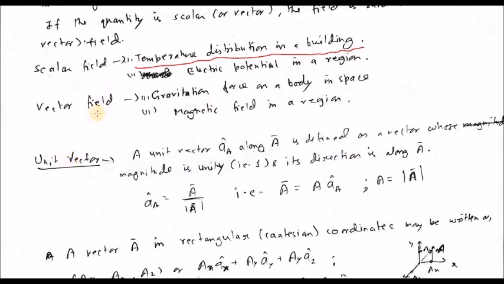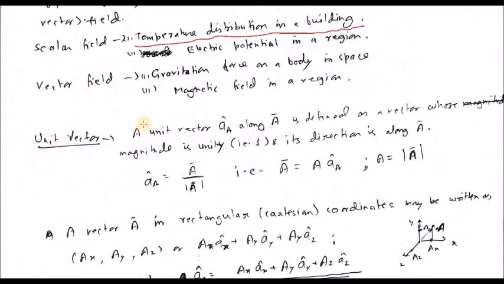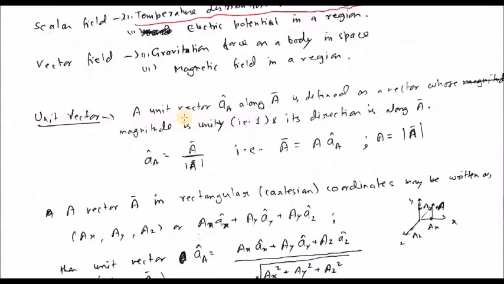Now some basic terminologies about vectors. Unit vector. A unit vector is denoted by small a cap. This cap is important to denote a unit vector. We generally put a cap over the quantity to denote a unit vector.